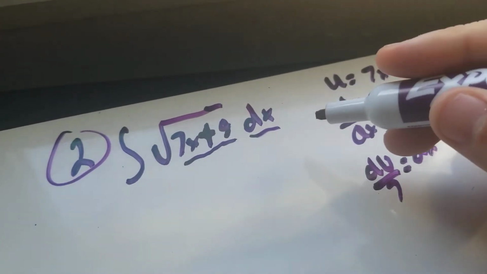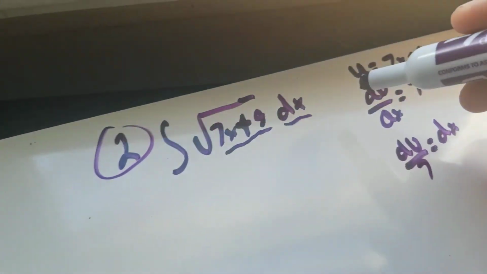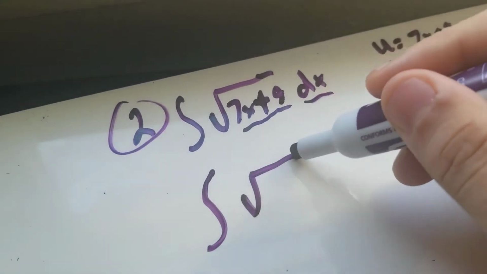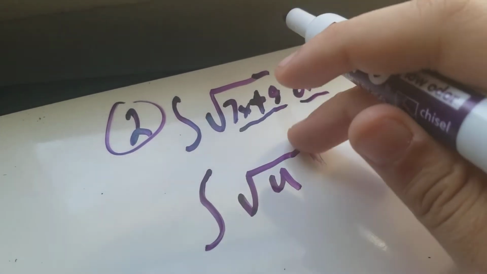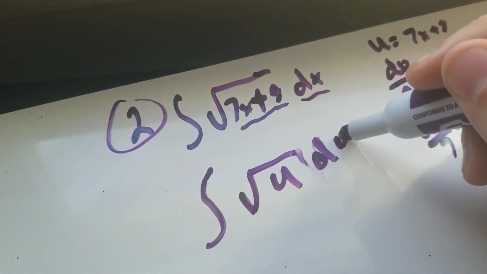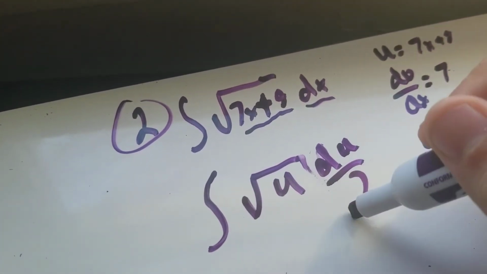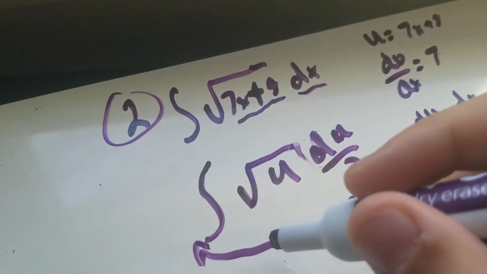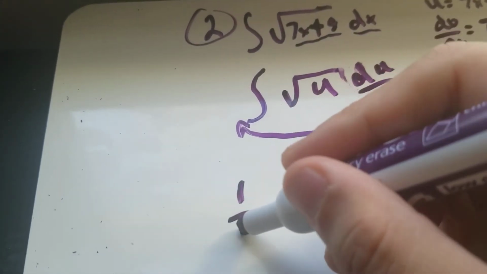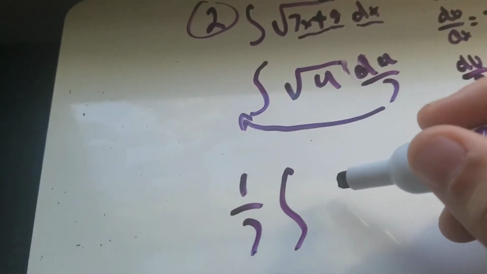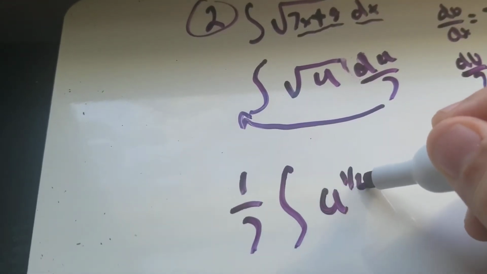Since now I can replace both the dx and anything with the x, this becomes the integral of the square root of u times du over 7. Now, 1/7 is a constant, so it goes in front. So that is 1/7 times the integral, and I'm going to rewrite the square root of u as u to the half power, du.